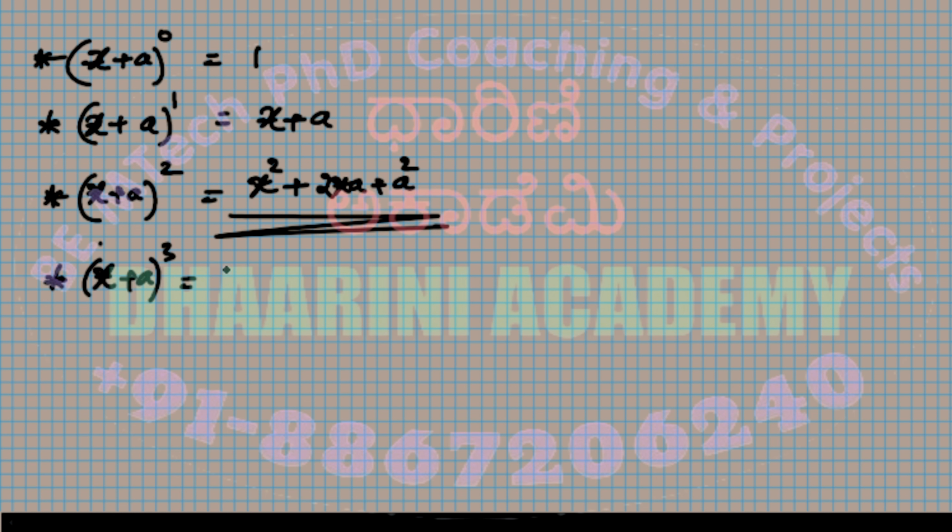First you will have 3C0, which is 1, into x to the power 3, plus 3C1, which is 3, into x squared, a power 1, plus 3C2, which is the same as 3C(3−2), which is 3C1, which is 3, into x a squared, plus the last term is 3C3, which is 3C0, which is 1, x power reduces to 0, a raised to the power 3. So this is a cube.